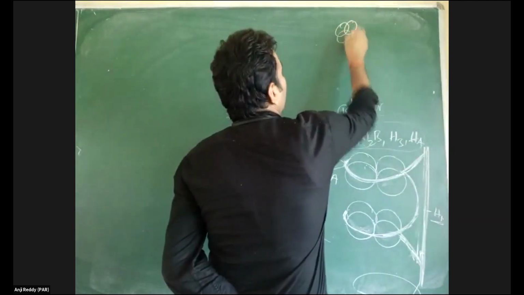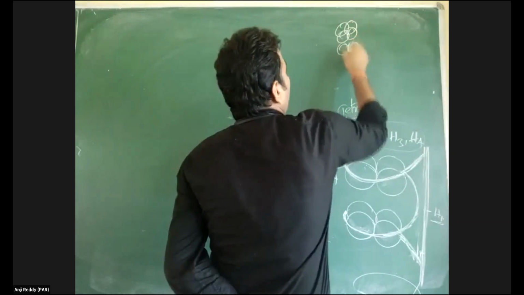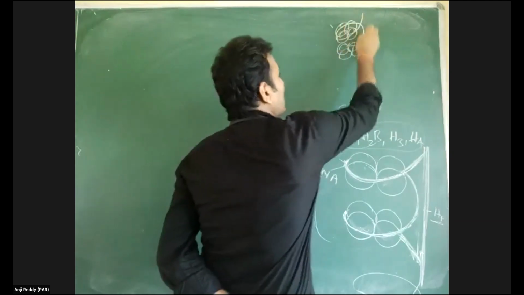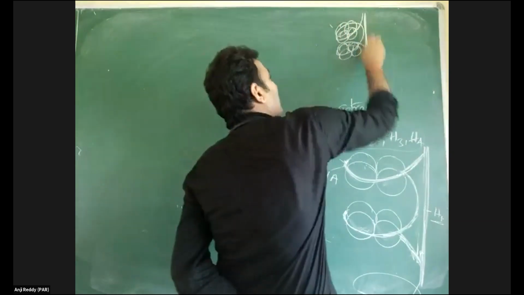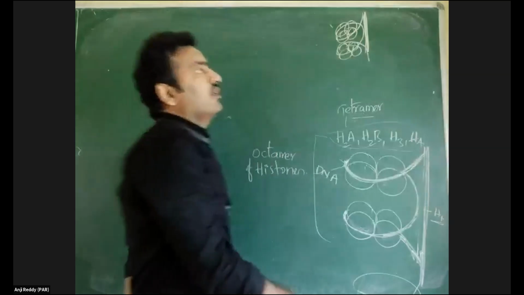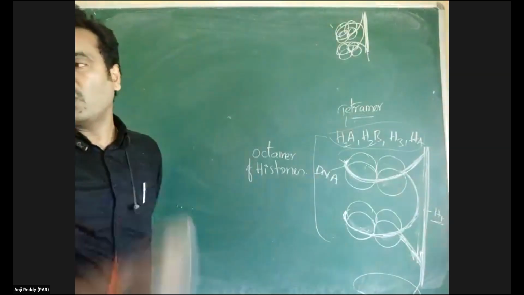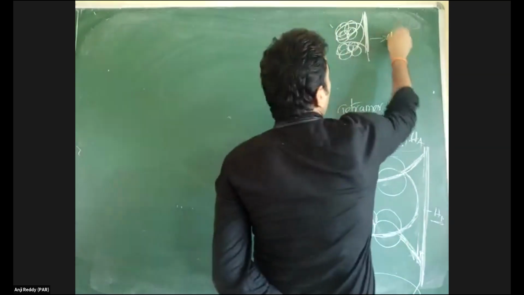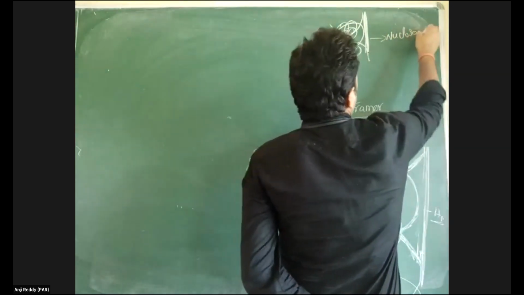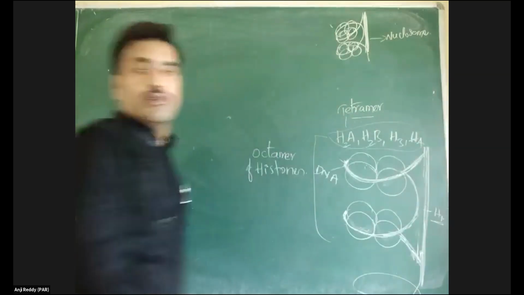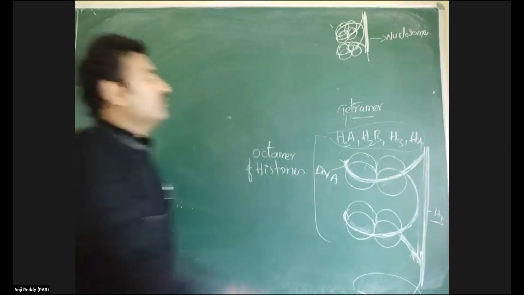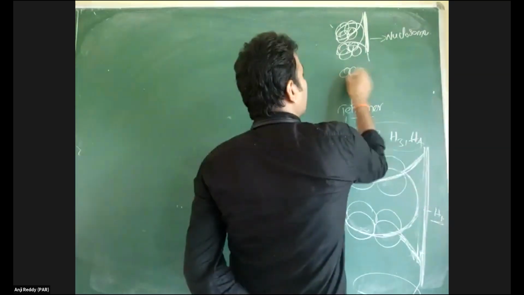See now, this is one tetramer and another tetramer, and DNA is coiled 2 turns, and one linker H1. This is totally one nucleosome. Now, this nucleosome connects with another nucleosome.